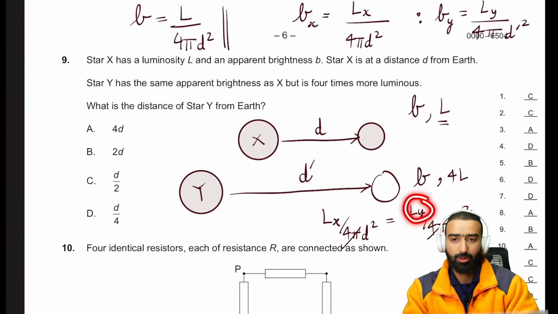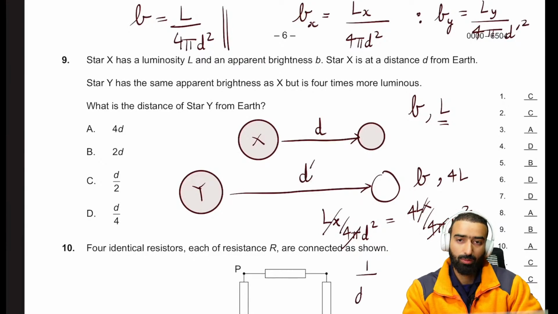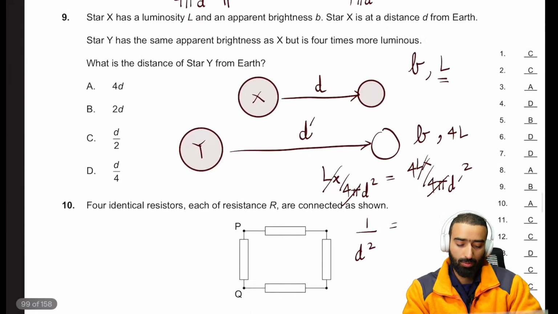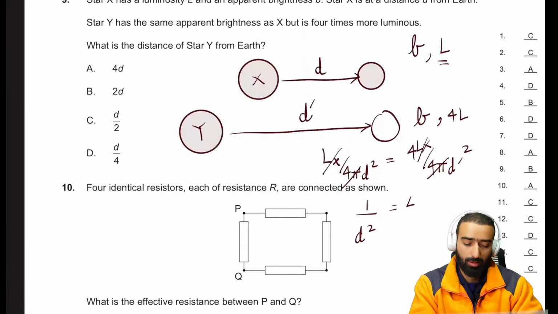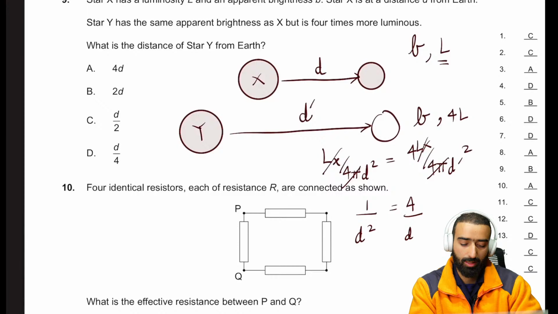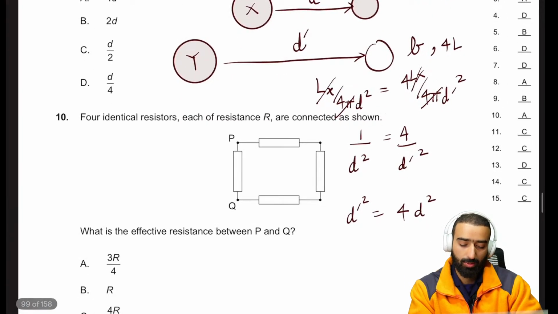So luminosity of Y is 4 times the luminosity of X. So Lx goes away, and we are left with 1 over d square equals 4 over d dash square. Okay, we are trying to solve for d dash. We'll get d dash square equals 4 d square. If I take a square root both sides, I get d dash equals 2d.